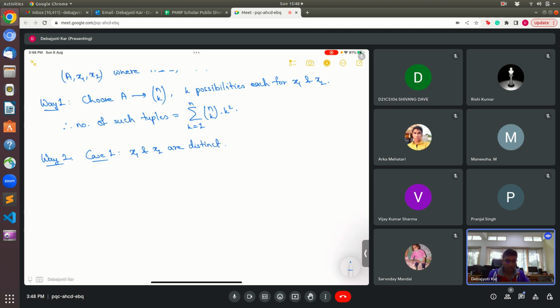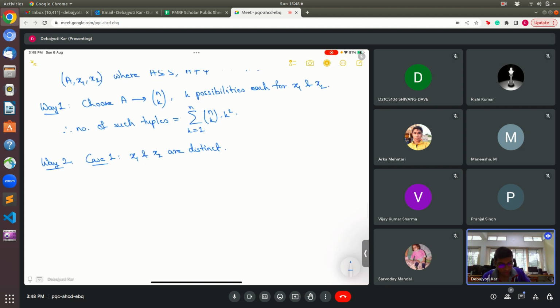If x1 and x2 are distinct, then the number of ways of choosing x1 and x2 will be just n into n minus 1, because x1 can be chosen in n ways and x2 can be chosen in n minus 1 ways.